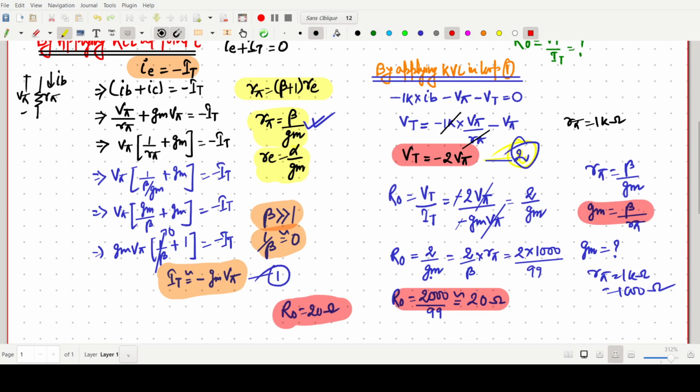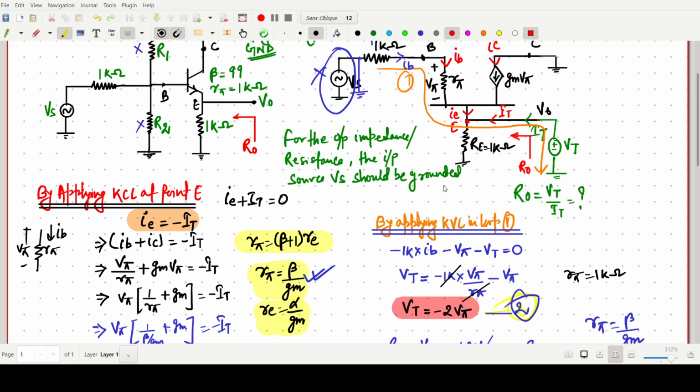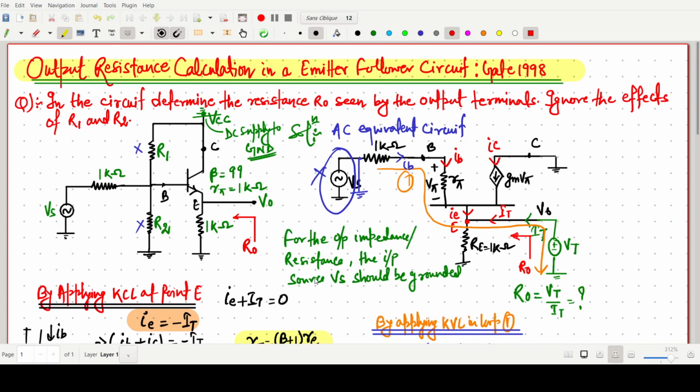So you have to know this formula. This is all about this question. Our final answer for R naught will be 20 ohm.